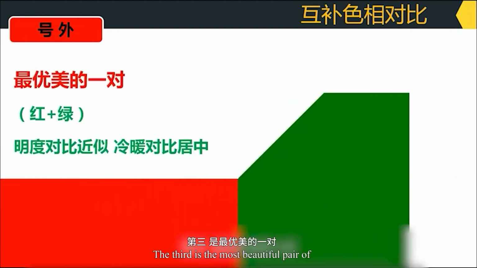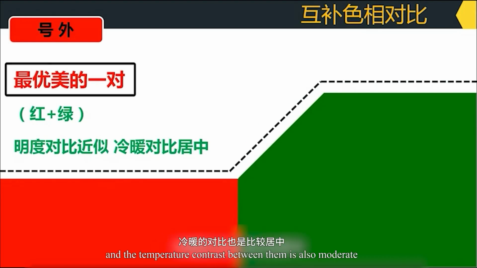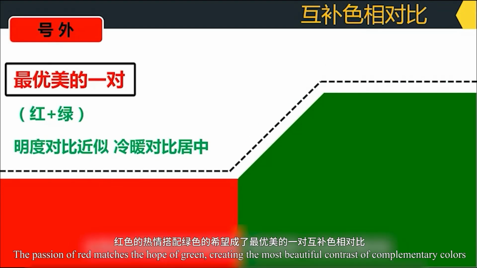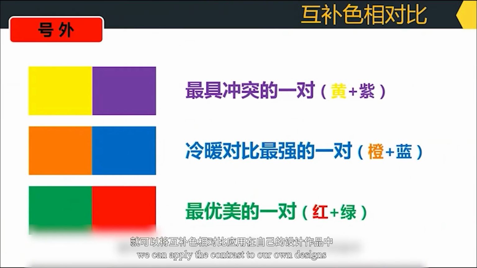The third is the most beautiful pair of red and green. The brightness of them is similar, and the temperature contrast between them is also moderate. The passion of red matches the hope of green, becoming the most beautiful contrast of complementary colors. By grasping these 3 sets of color matching, we can apply the contrast to our own designs.